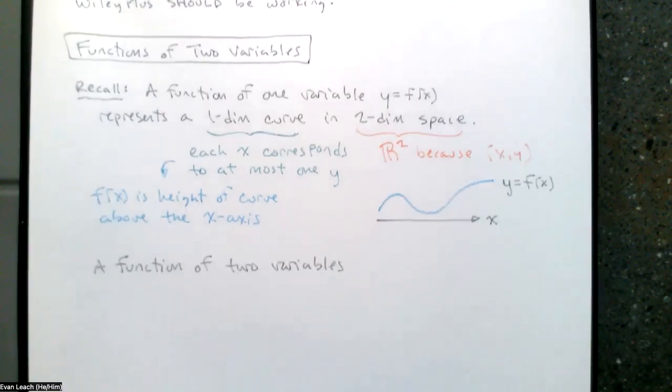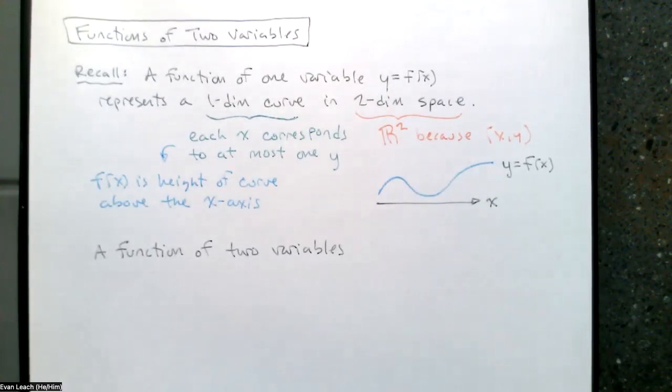So now we're going to have two inputs rather than one input. The input would not just be x from the x-axis, but we're going to take as inputs an x and a y from the xy plane.